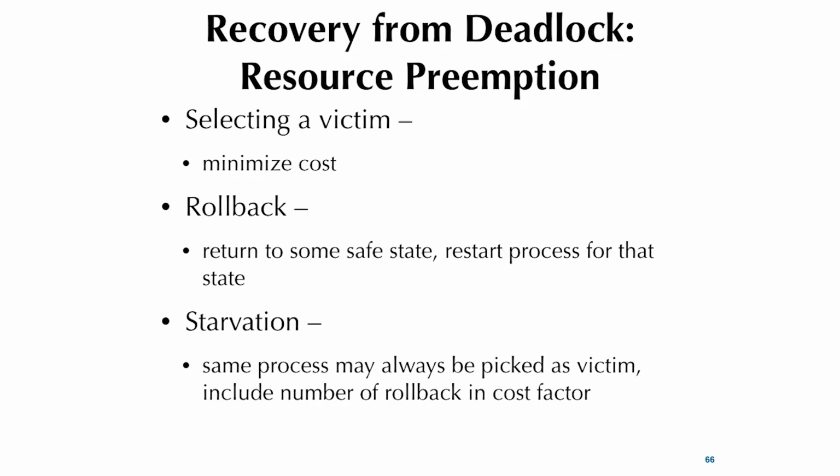But even if you can resolve a deadlock, you still have the problem of starvation. Why? Because you may just have a very unlucky process that always gets stuck in the deadlock, and it happens to be the one that uses the least resource or the shortest execution time. People always think, oh, that's the best one to pick as victim, and it always gets picked as the victim to abort, so it never makes progress.